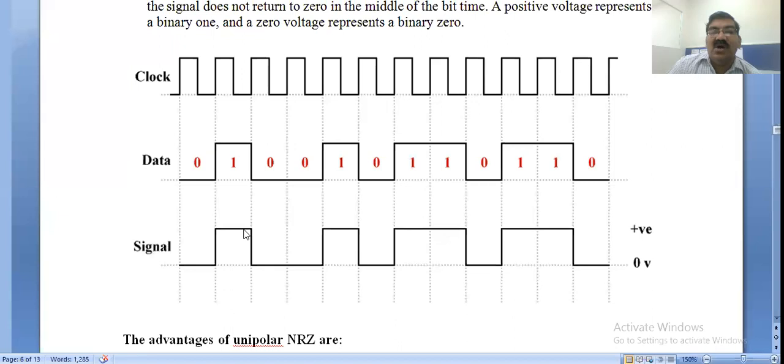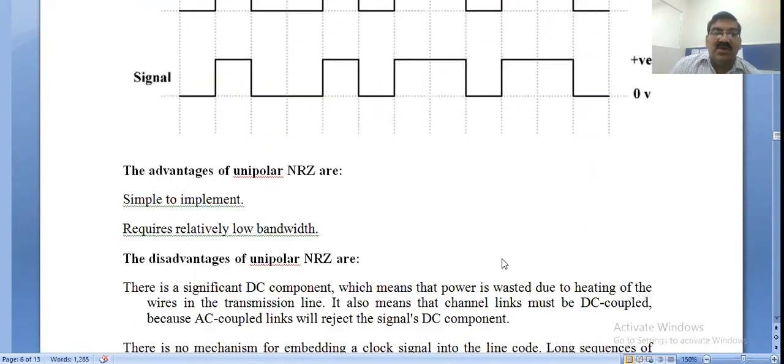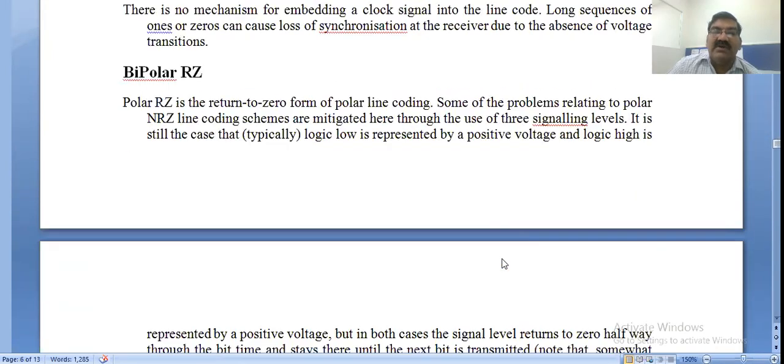But here it is not that much. If there is a long train of 0s, there is a possibility that you may lose the synchronization, either 0 or 1. So these are the disadvantages.